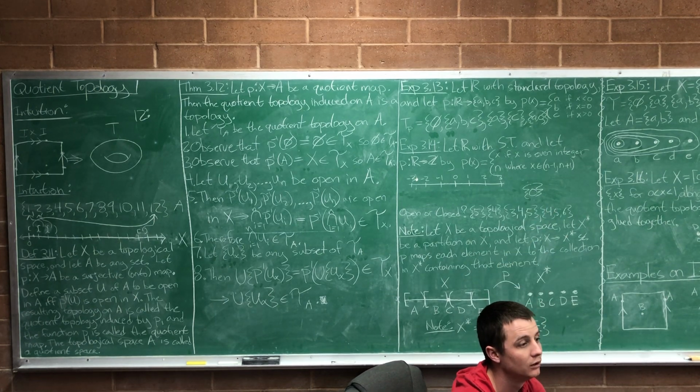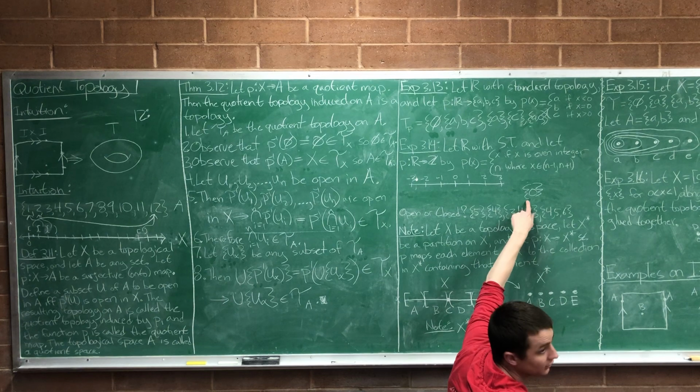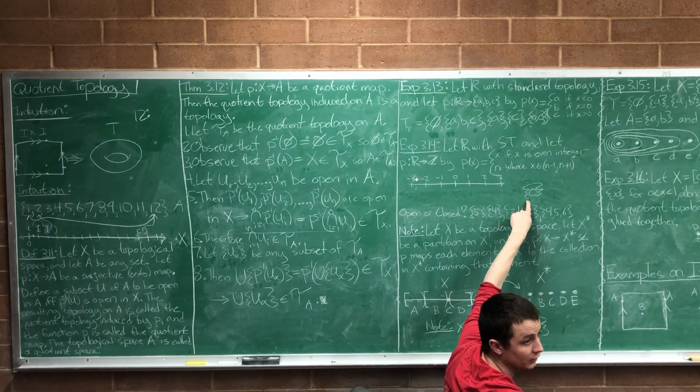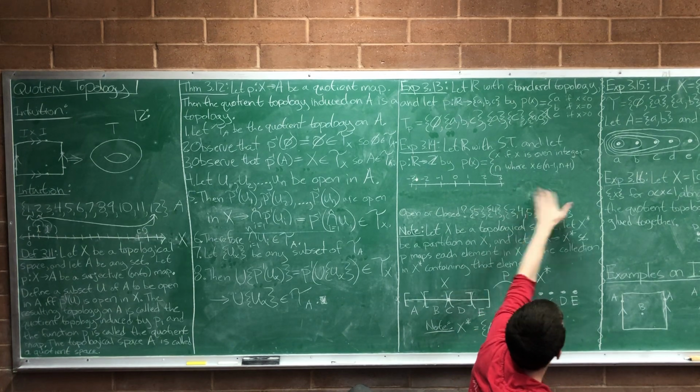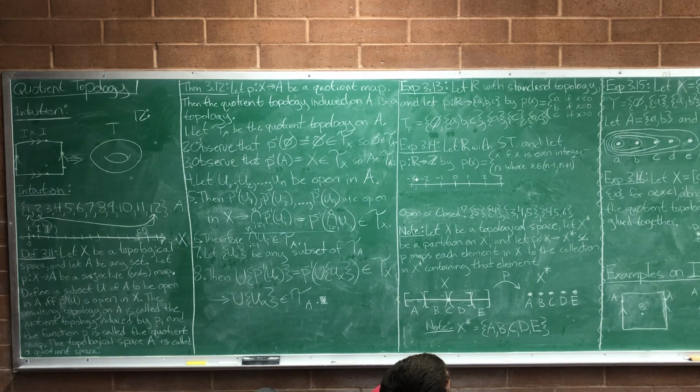How many elements are in every open interval? Infinite. How many are in that? One. Can I union up infinities to get 1? No. So B, the set containing B, is not an open set.